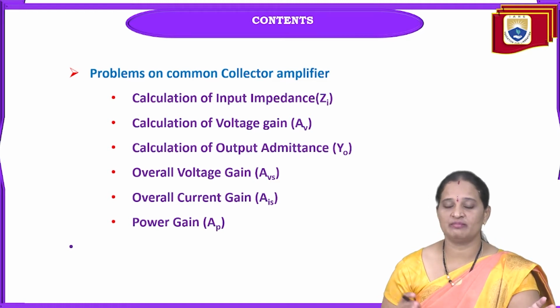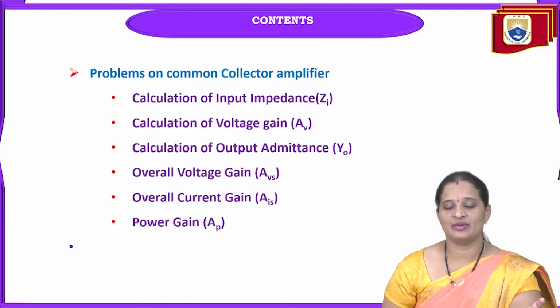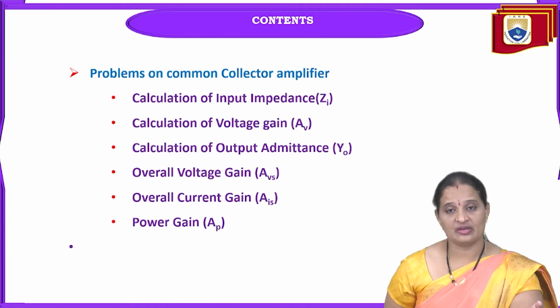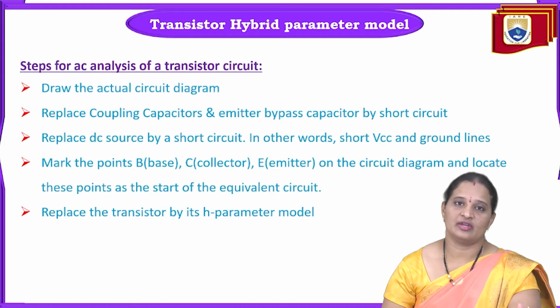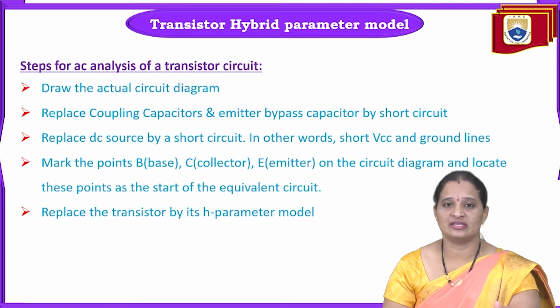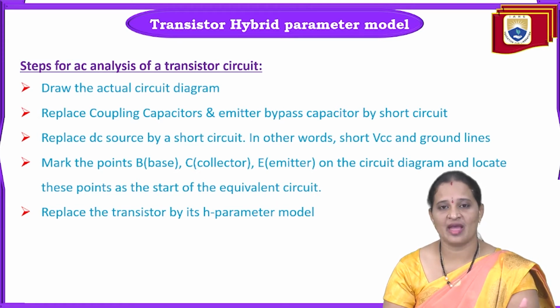We are going to replace the transistor connected in common collector configuration using the hybrid parameter model, and find these parameters. As we all know, calculating all these characteristic parameters is known as AC analysis of a transistor circuit.